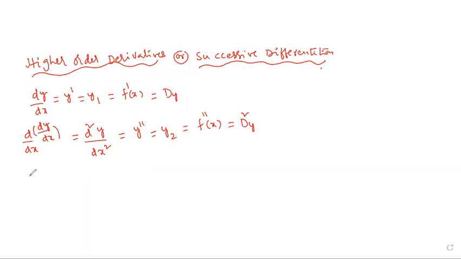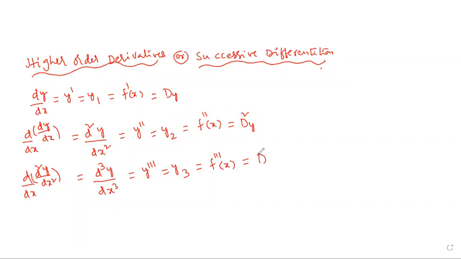So again the derivative of the second time derivative, d square y by dx square, is d cube y by dx cube, 3 times derivative of y with respect to x only. This is y triple dash, y3, or f triple dash, or capital D cube of y. Okay? So similarly n times also we can represent.